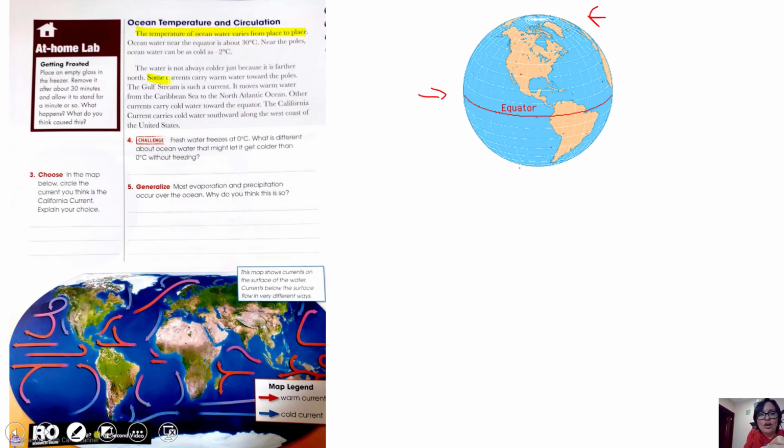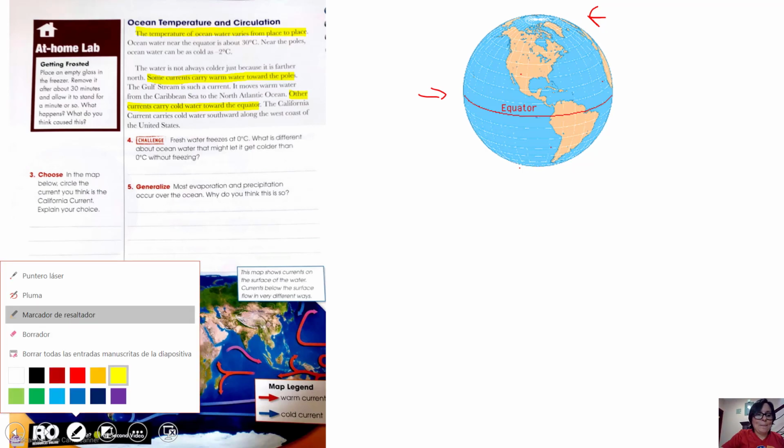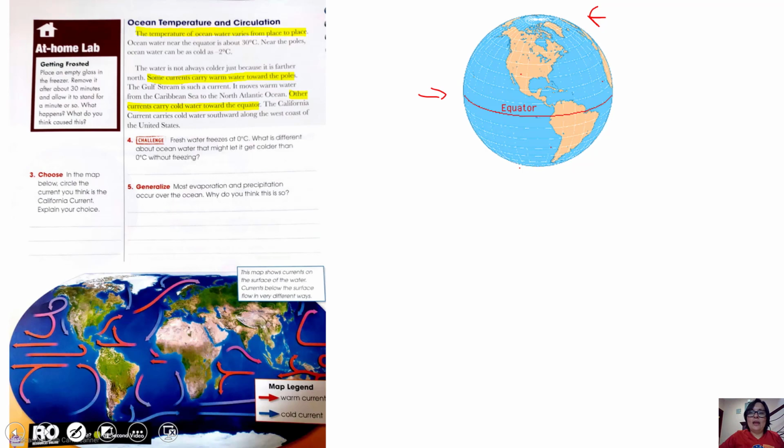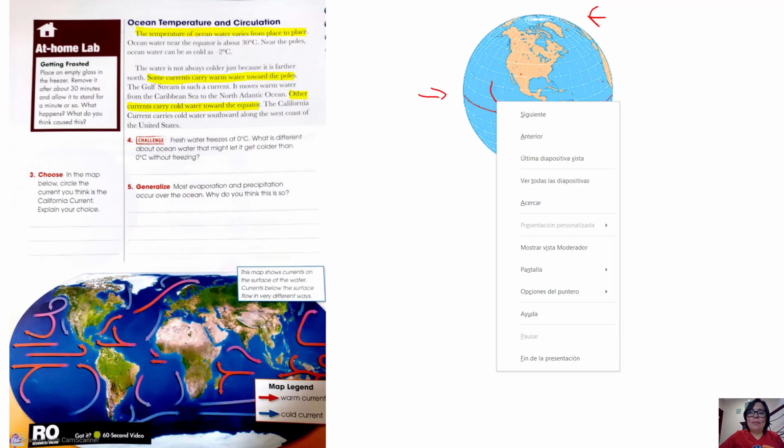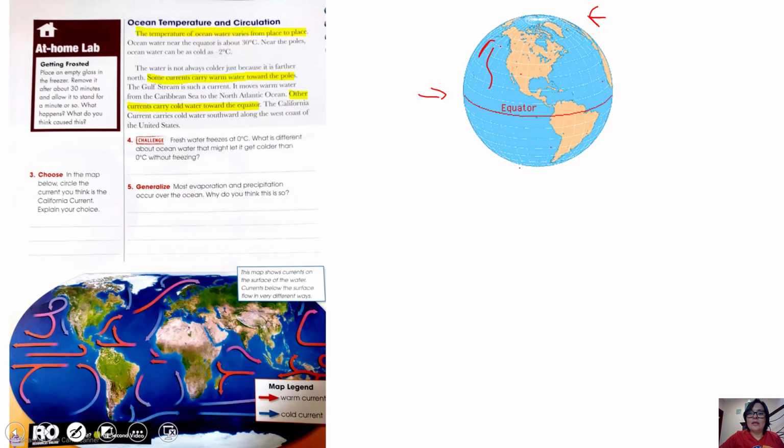This part. Some currents carry warm water toward the poles. Other currents may carry cold water toward the equator. So if we have, for example, a current of water coming from the equator to the poles, that current of water that is coming from hotter temperatures to colder temperatures is going to make this temperature not be too cold.